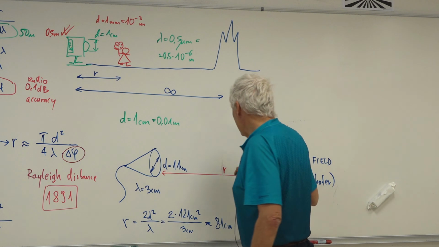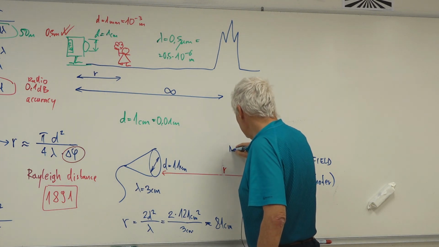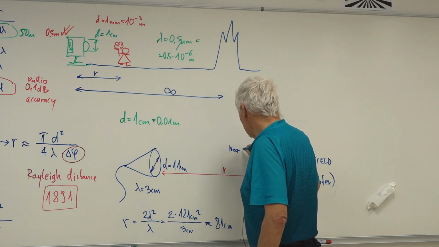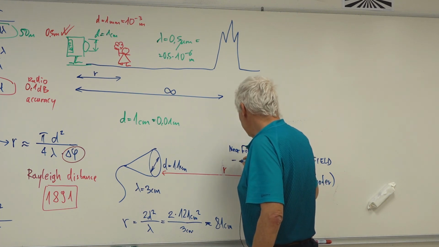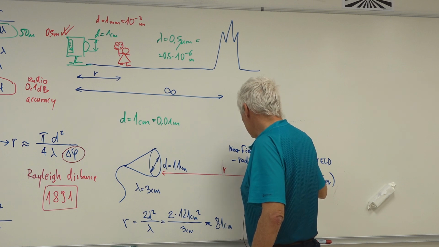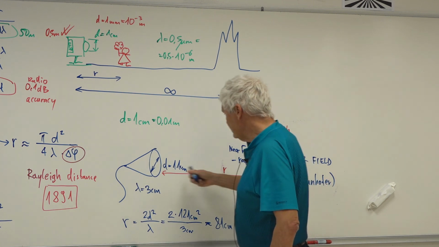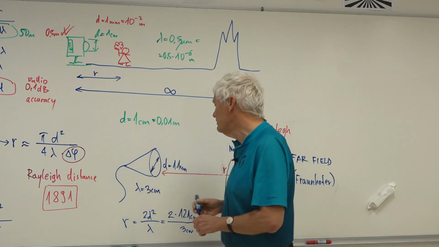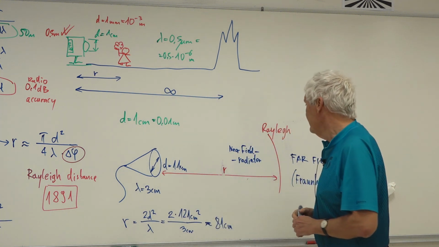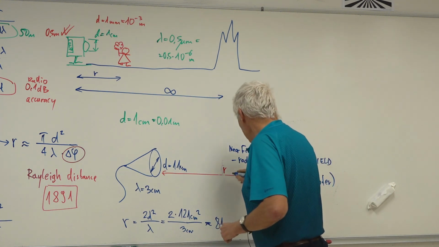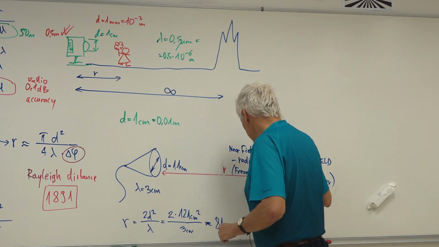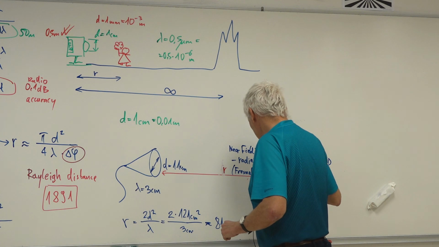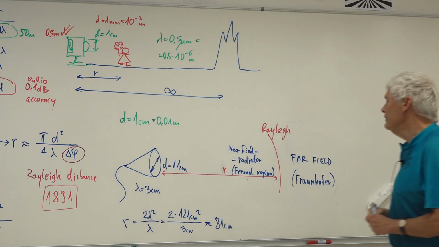Here we still have the near field. But this near field is already radiated. We had the reactive field much closer to the antenna. And this near field radiated is also called the Fresnel region.